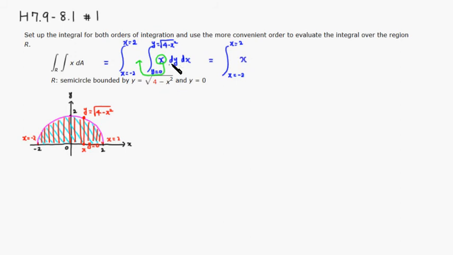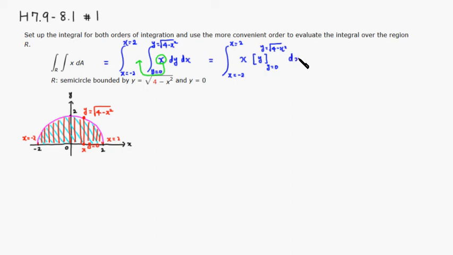Since x is outside, the antiderivative of 1 with respect to y is just y, going from 0 to y equals square root of 4 minus x squared.